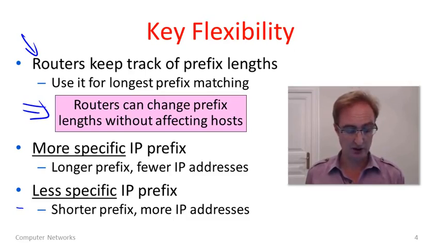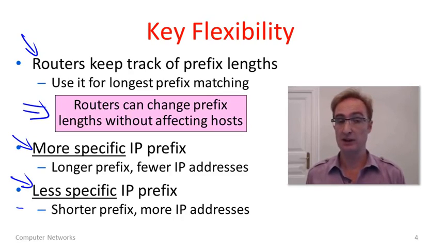In particular, we can make an IP prefix more specific by lengthening it, dividing a big block into blocks with fewer addresses. Or we can make the prefix less specific, taking several blocks and joining them together into a bigger block.